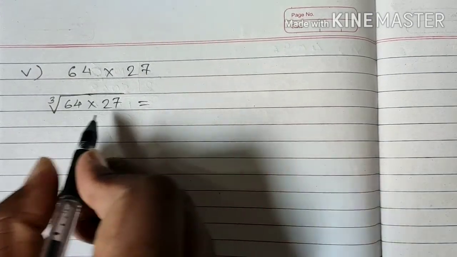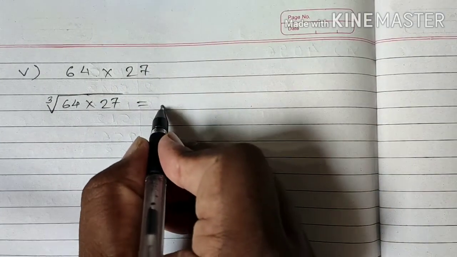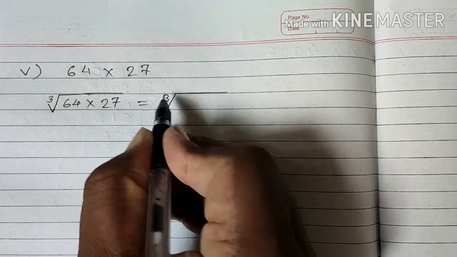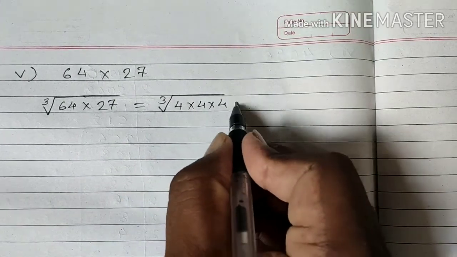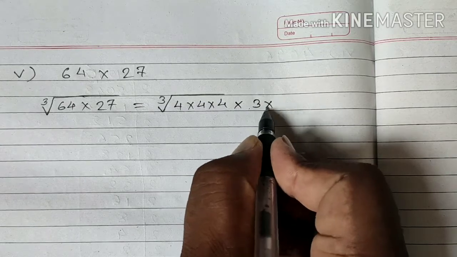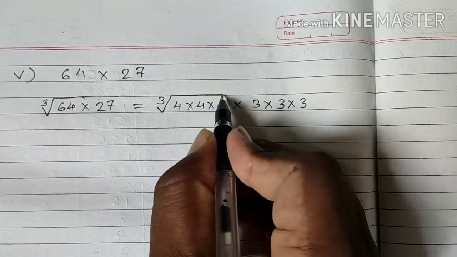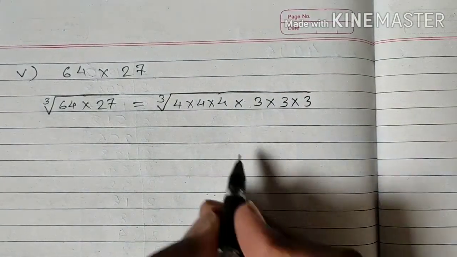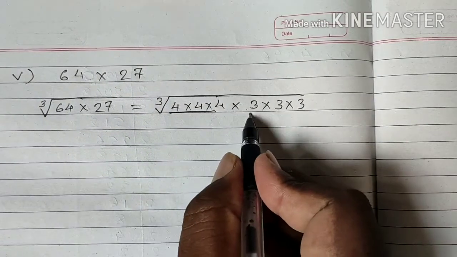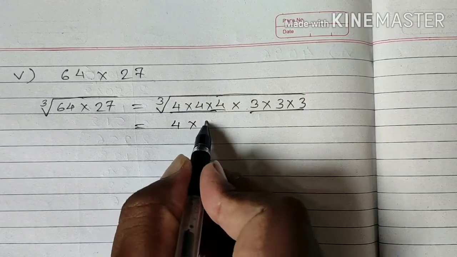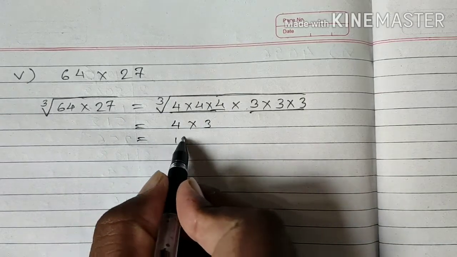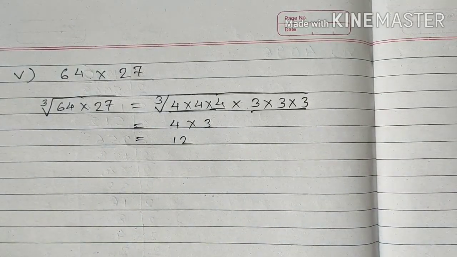So we can say that 64 is the cube of 4, and also we know that 27 is a cube of 3. Correct? There is one triplet of 4 and one triplet of 3. So 4 multiplied by 3, the final answer will be 12. Got it?